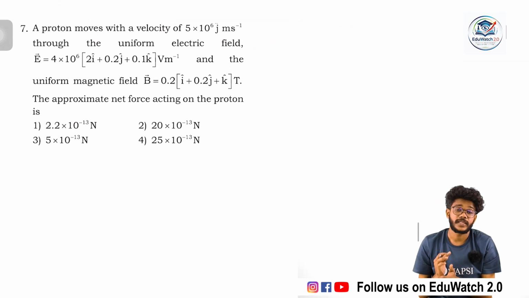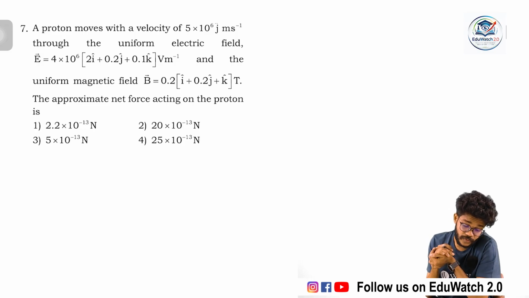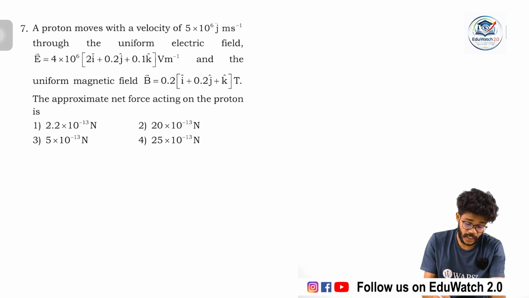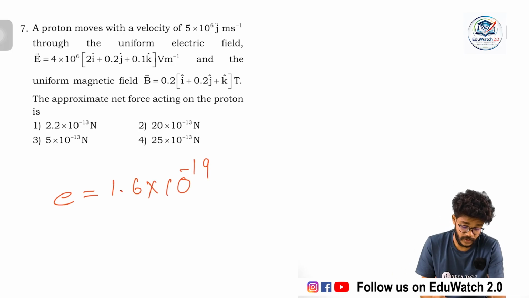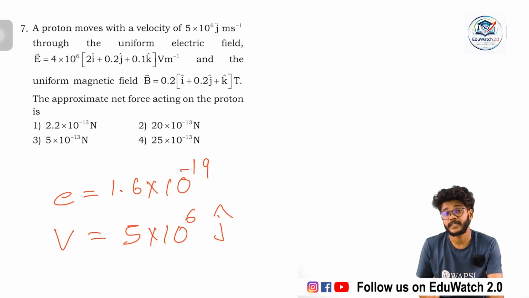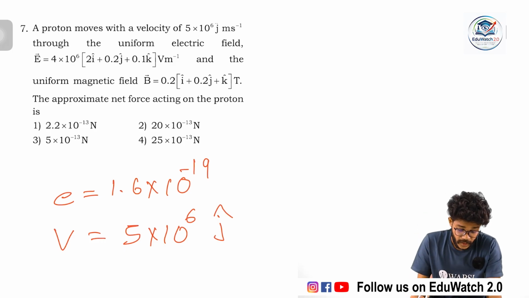So we can move to the seventh question. A proton moves with a velocity. So I think we have to write the charge of the proton. Charge is 1.6 into 10 raised to minus 19. It's the same as the charge of an electron, but it is positive. And velocity is given as 5 into 10 raised to 6 j, that means along the y axis, through a uniform electric field.